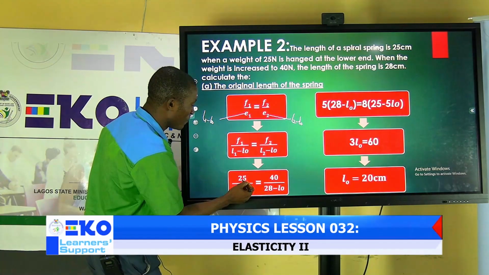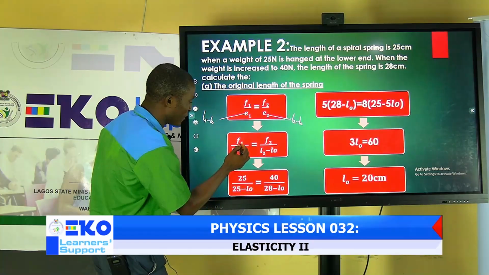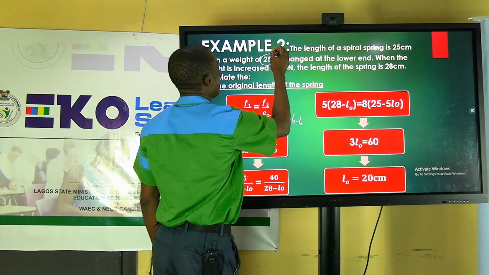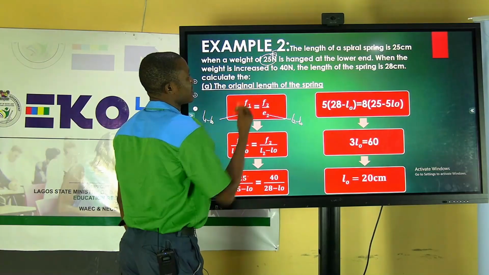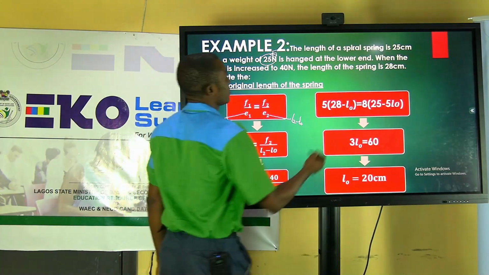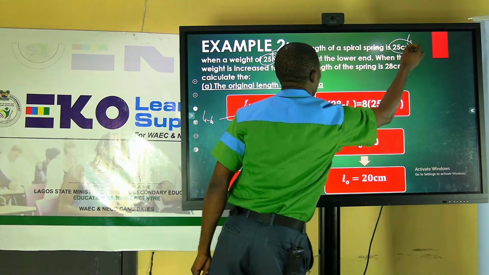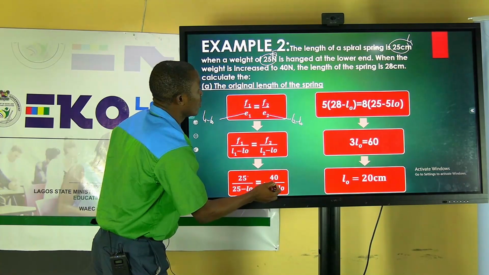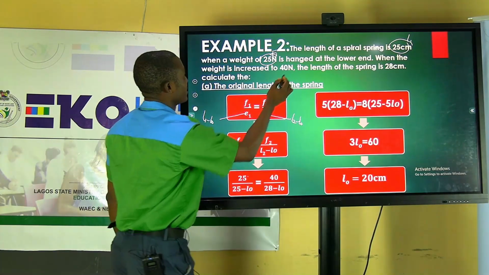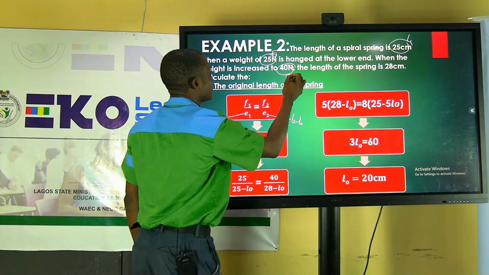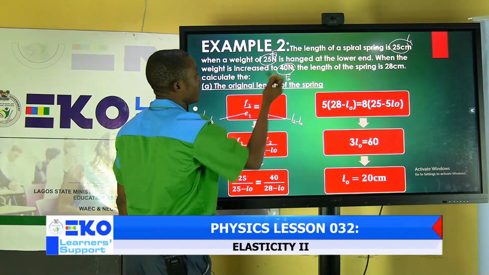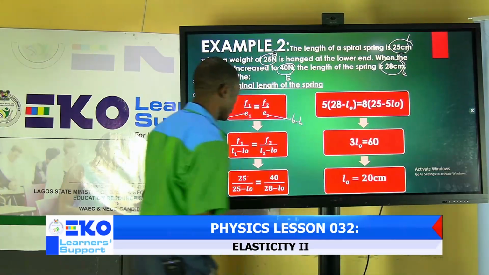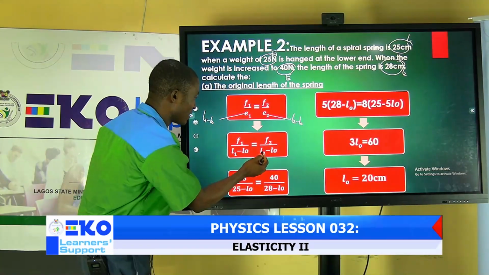When you put in the values, the first force, that weight, is 25 Newton, and this is the first length, L1, which is 25. Then the second force, the second weight, is 40 Newton, and it gives us a new length of 28 centimeters. Replace L2 with 28.